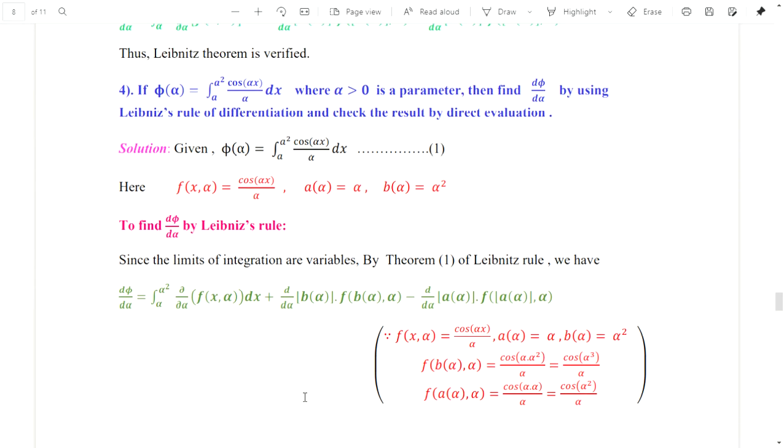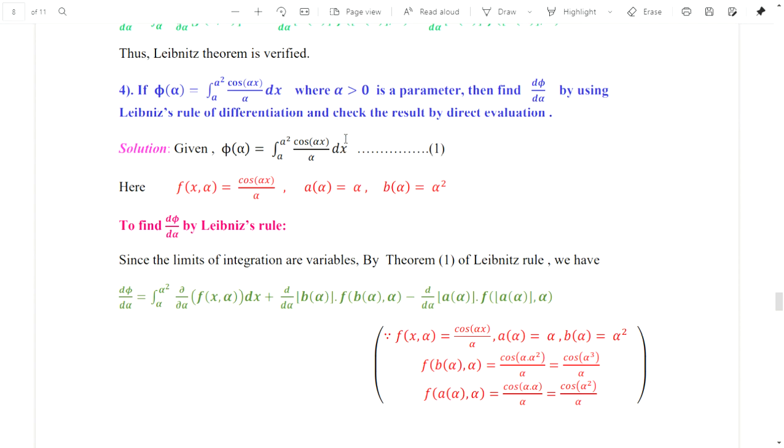Now, see the next problem. The next problem is, if phi of alpha is equal to integral of alpha to alpha squared cos of alpha x by alpha into dx, where alpha greater than 0 is a parameter, then find d phi by d alpha by using Leibniz rule of differentiation.